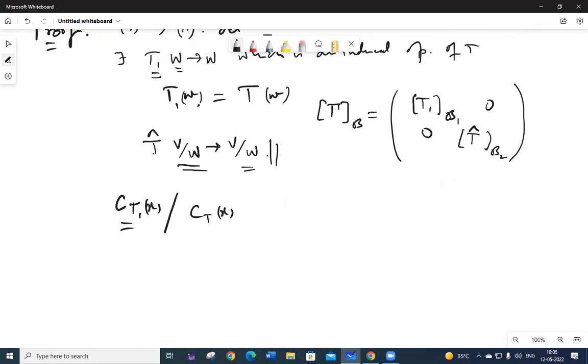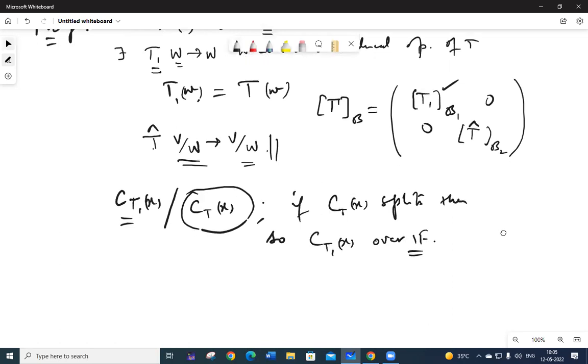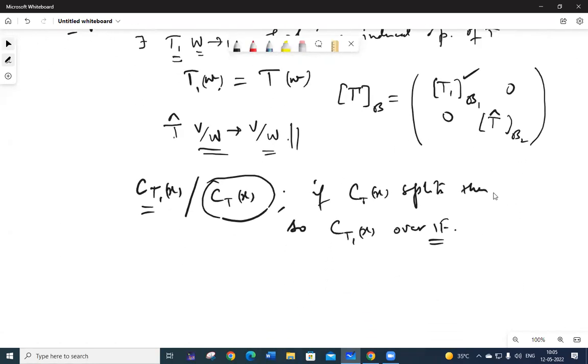This is a factor of C_T(x). If C_T(x) splits, then so does C_T1(x) over F. And suppose x minus lambda 1 is a factor of C_T1(x), which is also a factor of C_T(x).